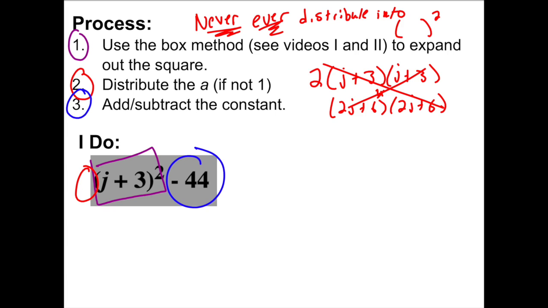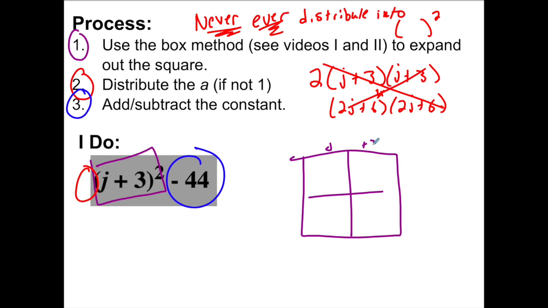So first, box out j plus 3, j plus 3. So I've got j squared, 3j, 3j, 9. Maybe start to look for patterns here. Notice how this is 2 times 3, and this is 3 squared.